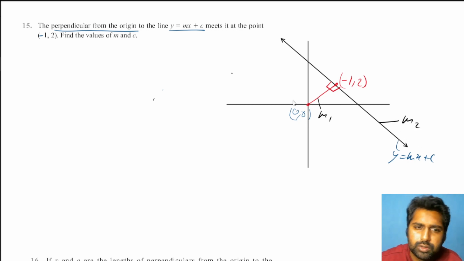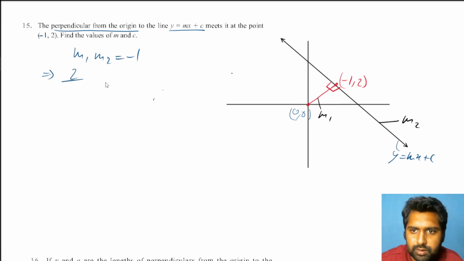Now M1 M2 equal to minus 1. How do we get M1? Two points. So 2 minus 0 upon minus 1 minus 0 into M2 is equal to minus 1. So M2 is equal to, put the value in here, negative negative cancels, that becomes 1 by 2.